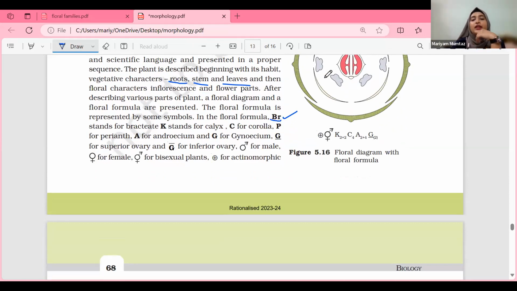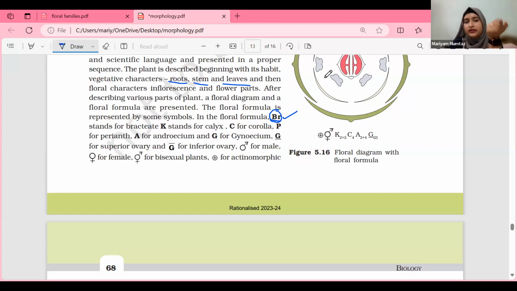Written? Now you write BR, capital B, small r, as it is written here, then put a dash and write bracteate. And in the bracket of bracteate, you write bracts present. Are you getting how I'm asking you to write it?